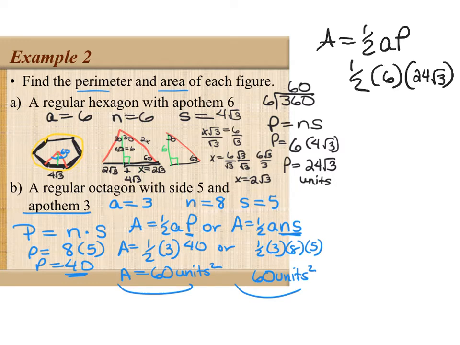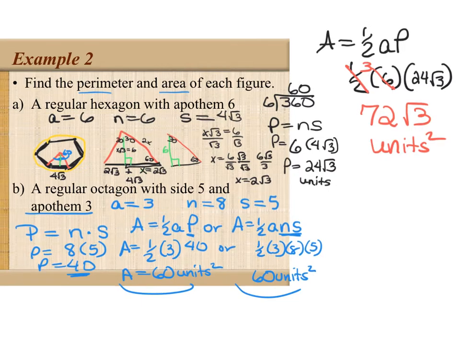I'm now going to multiply these three things. Now, if you want to take half of one of them, like I could take half of 6 and say half of 6, change this to a 3, and now multiply 24 times 3, and I get 72 square root 3 units squared.